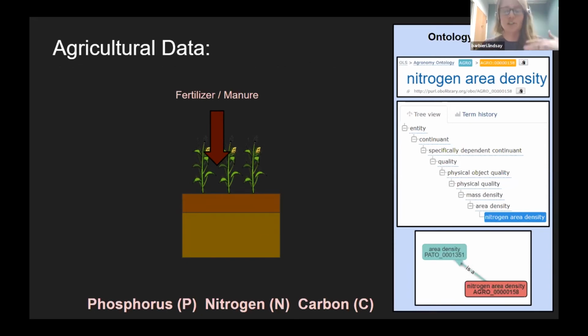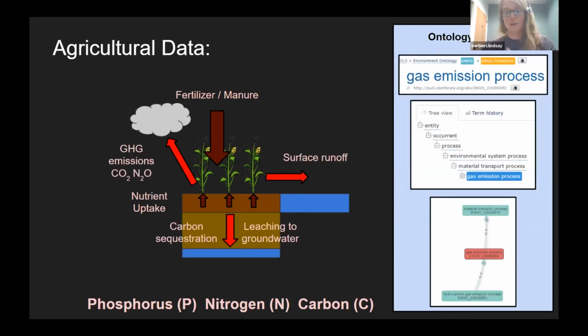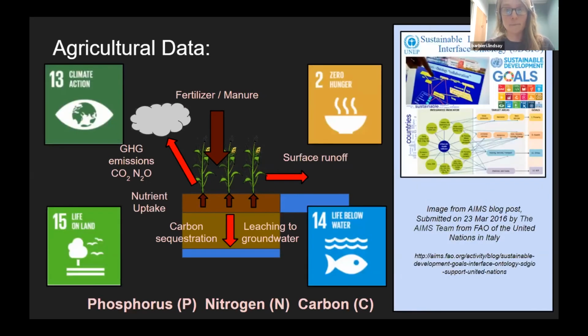As we think about ways of linking these data, I think about nutrient uptake of the plants, but also, in the environmental degradation vein, mitigating effects such as surface runoff, leaching to groundwater, carbon sequestration and greenhouse gas emissions. All of these terms you're seeing on the right, which could potentially describe the data we're collecting here, are from either ENVO or AGRO, but they're all linked in a way that I'll explain in a second.